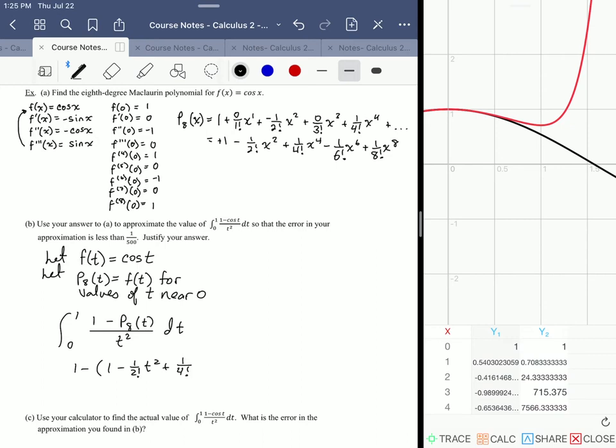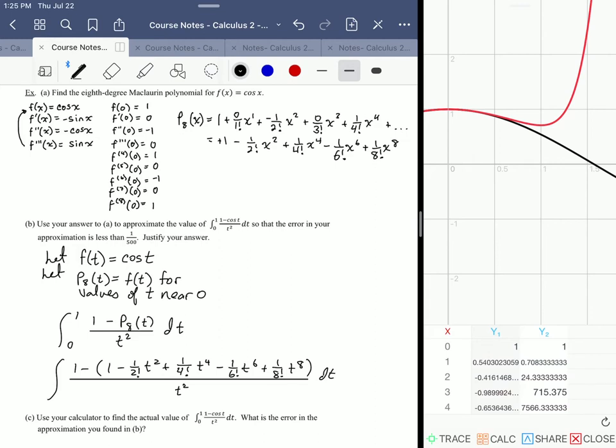I'll leave this as 2 factorial for consistency. t to the 4th minus 1 over 6 factorial, t to the 6th plus 1 over 8 factorial, t to the 8th, all over t to the 2nd dt as an integral.